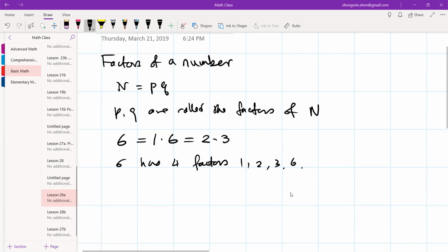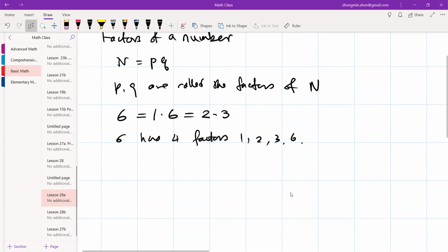Okay, so how about 12? 12 is more complicated. The number is getting larger, so it's much harder. 12 is good: 1 times 12, 2 times 6, 3 times 4. That's it.